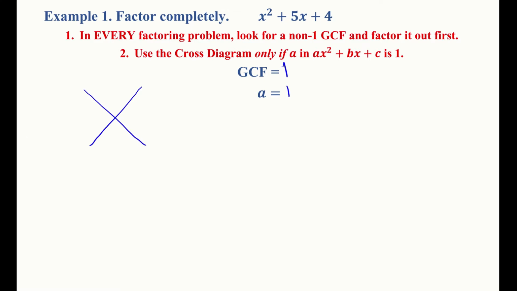We're looking for two numbers whose product is this last term. Make sure you take the sign with it. So positive 4. And whose sum is the coefficient of the middle term without the x, just the coefficient. So positive 5.